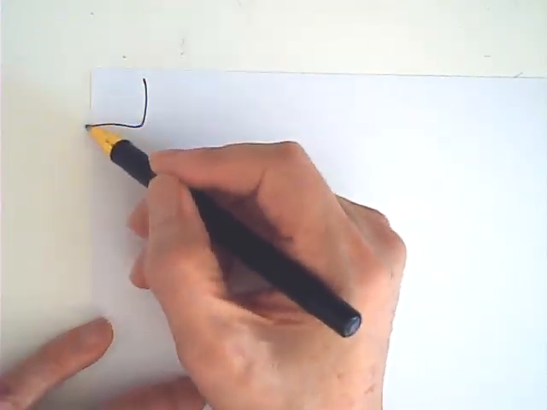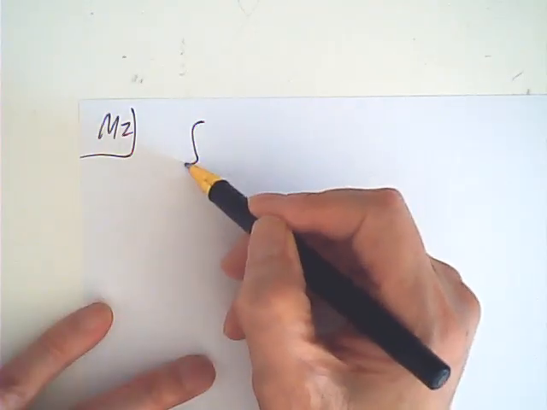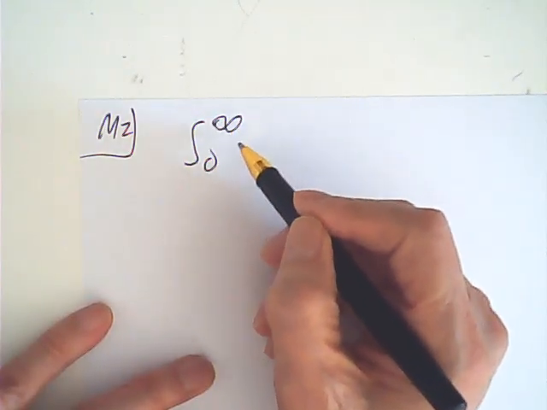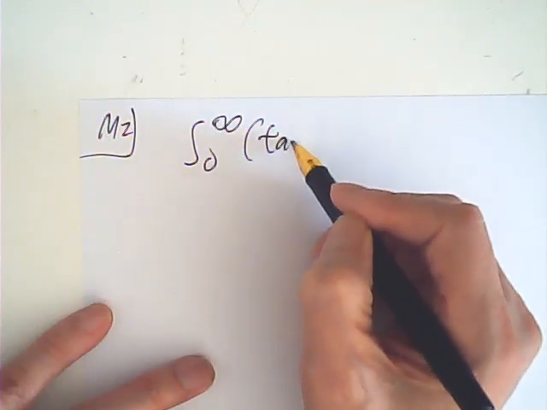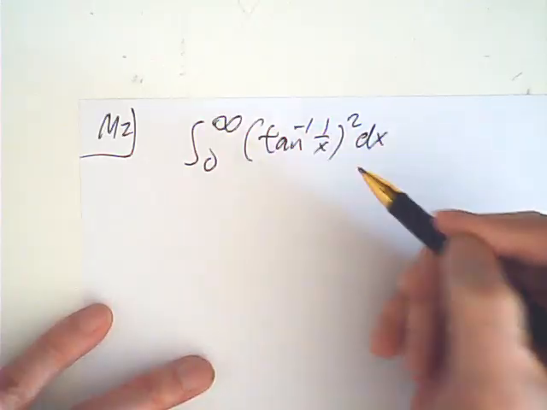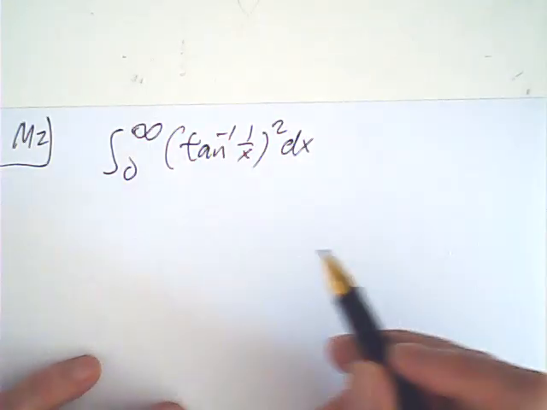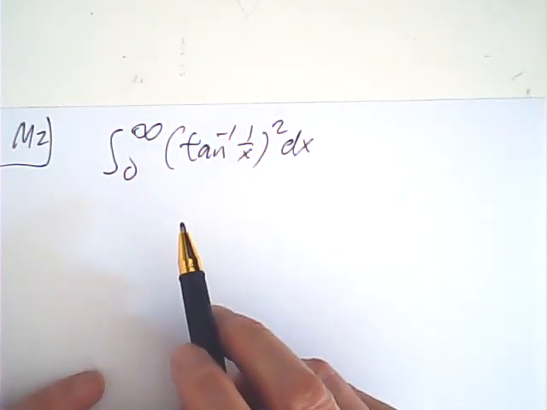Method 2. Second method, the integral of arctangent 1 over x squared dx. All right, I start by parts right away.